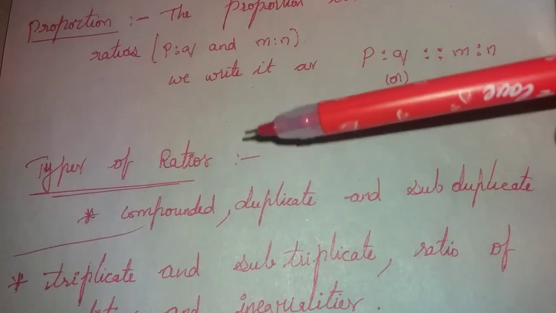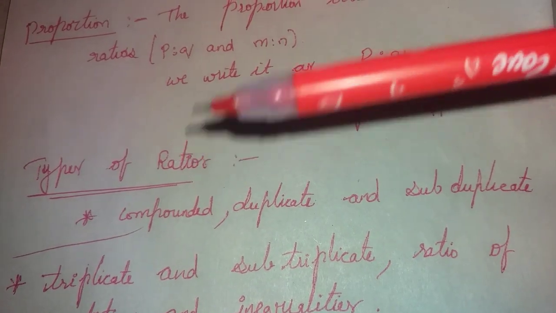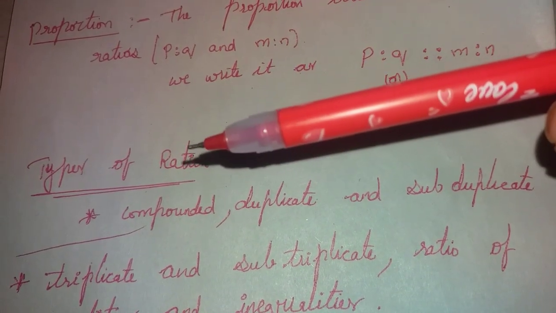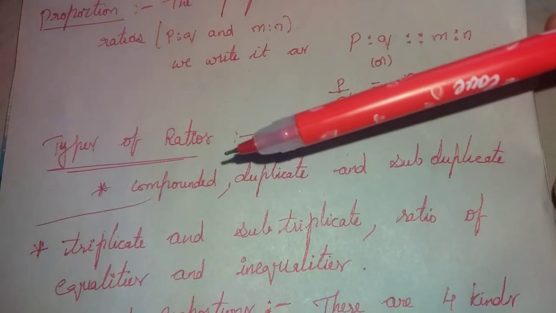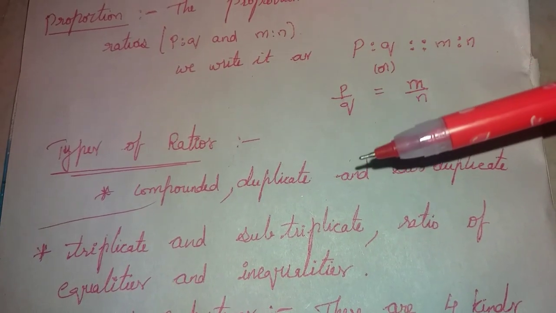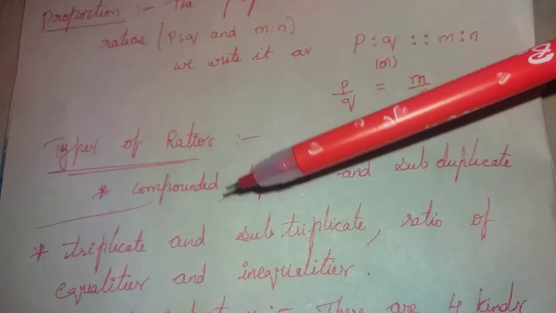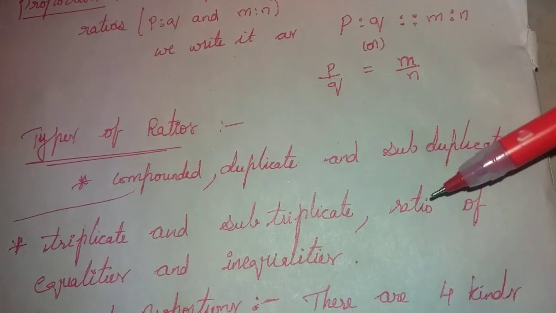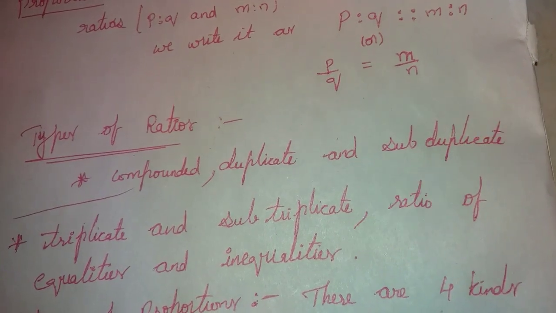Now in these ratios we will see the types of ratios. How many types of ratios are there? Compounded, duplicate ratio and subduplicate ratio, triplicate and subtriplicate, and ratio of equalities and inequalities.